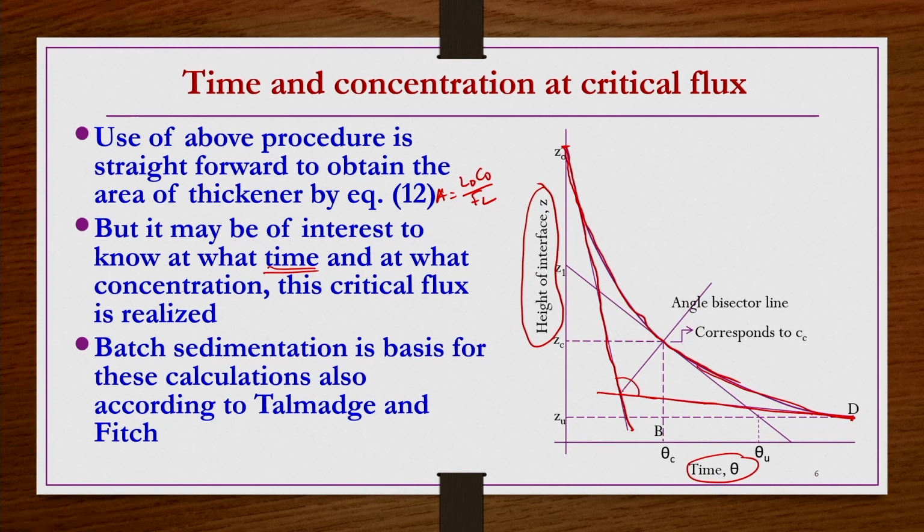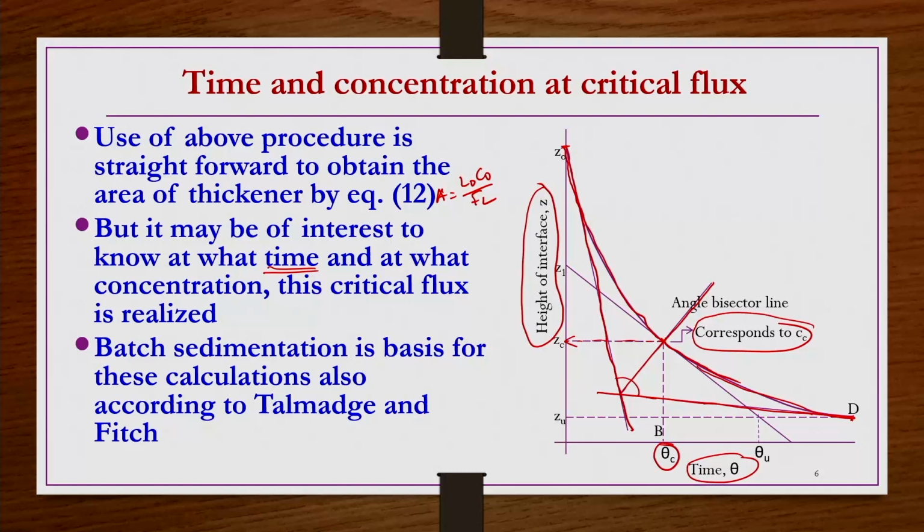This angle you bisect into 2 equal parts, draw an angle bisector line like this, and extend it towards the Z versus theta curve. This angle bisector line intercepts the curve at a certain point. That point corresponds to the critical flux point, the corresponding time is known as the critical time, and the corresponding height is Zc.